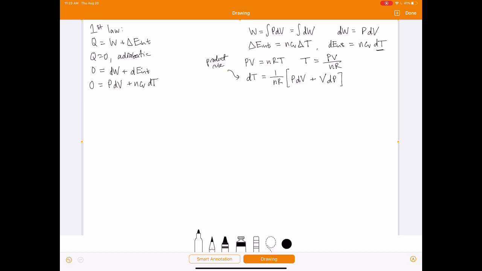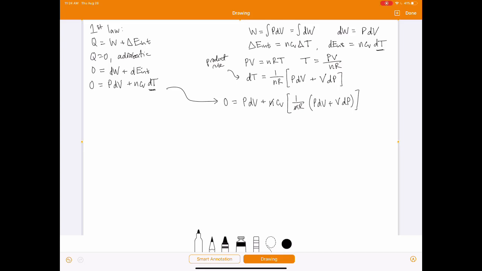Now let's take the first law equation that we wrote down and plug in what we just found. So we have 0 is equal to P dV plus nCV times 1 over nR times (P dV plus V dP). That's what we get when we plug in what we just found for dT.